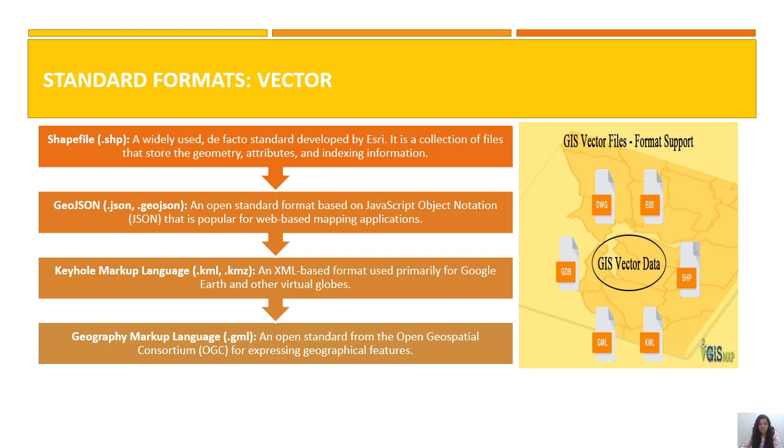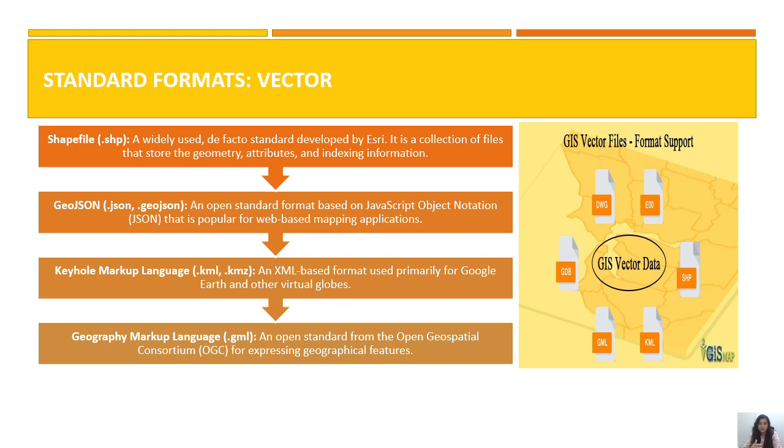Next is Keyhole Markup Language, that is KML or KMZ. These are XML-based formats which are primarily used for Google Earth or other virtual globes, where we can use this vector data and upload it into Google Earth, so we can see those features based on lat and long at that particular location in a better way.